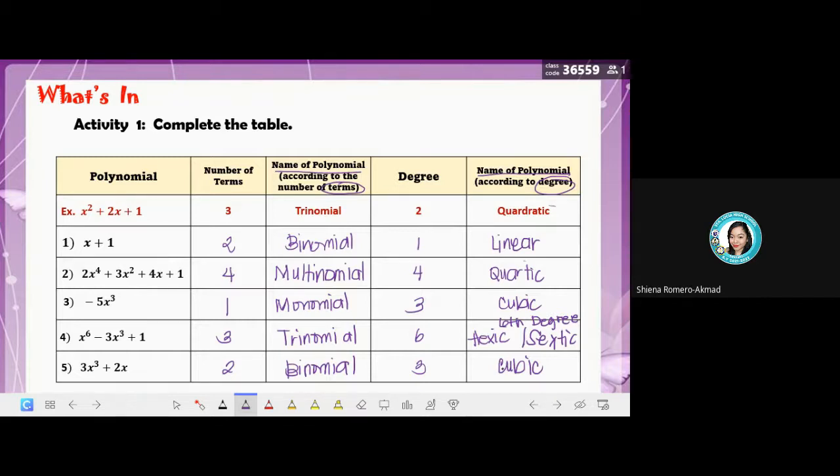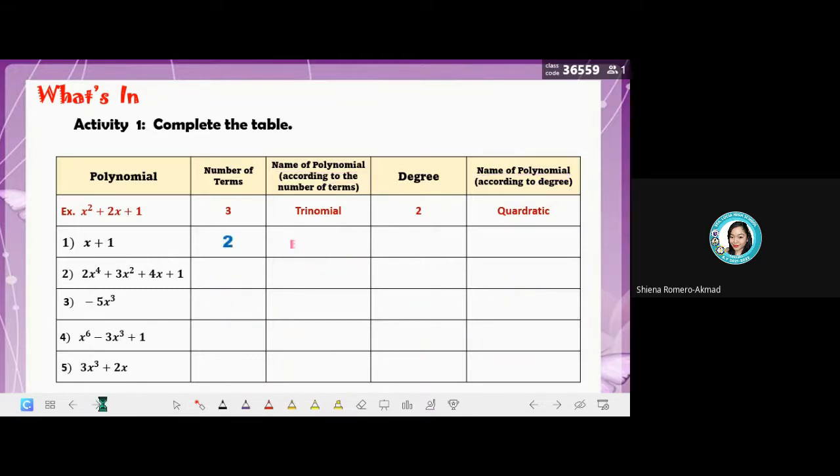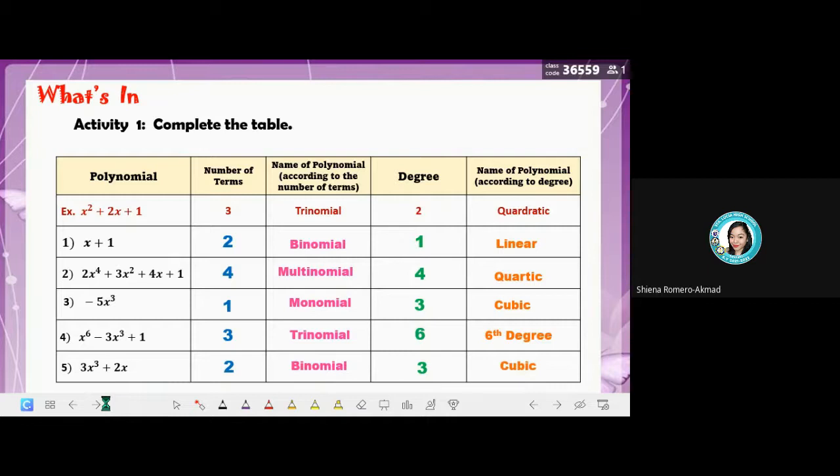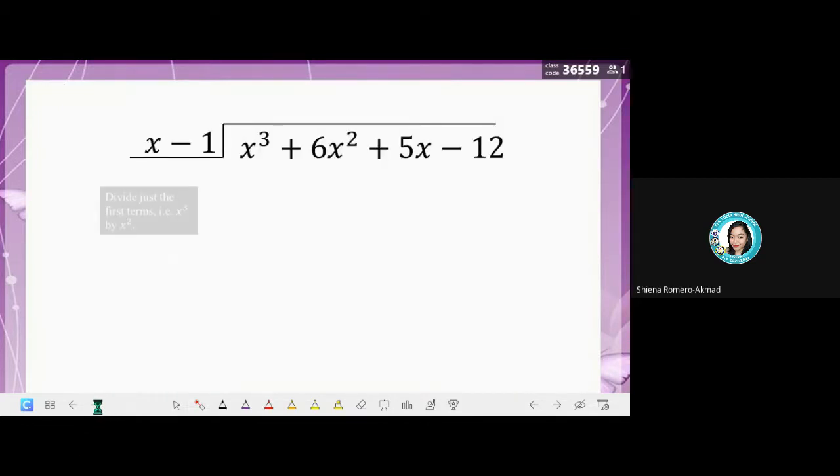Medyo awkward yung dalawa niyang pangalan eh. Okay, so let's proceed. So these are the answers. So we are done with reviewing polynomials. So let us now proceed to the division of polynomial.